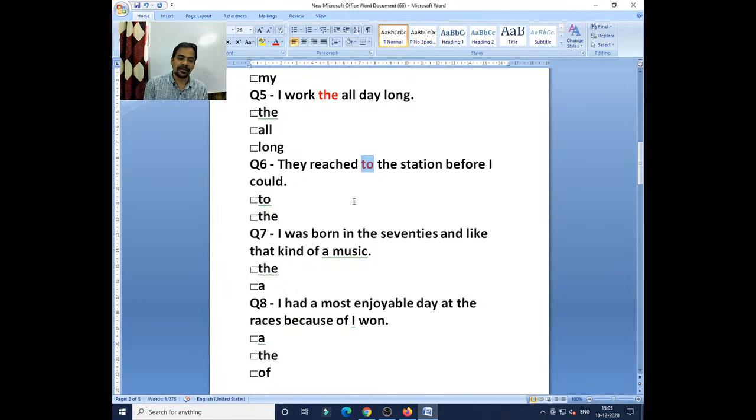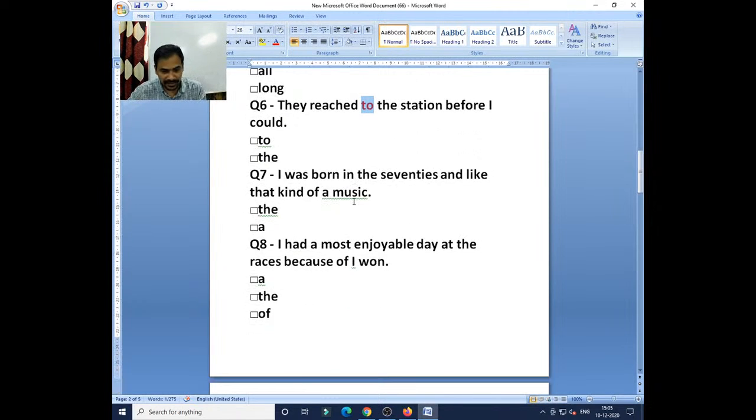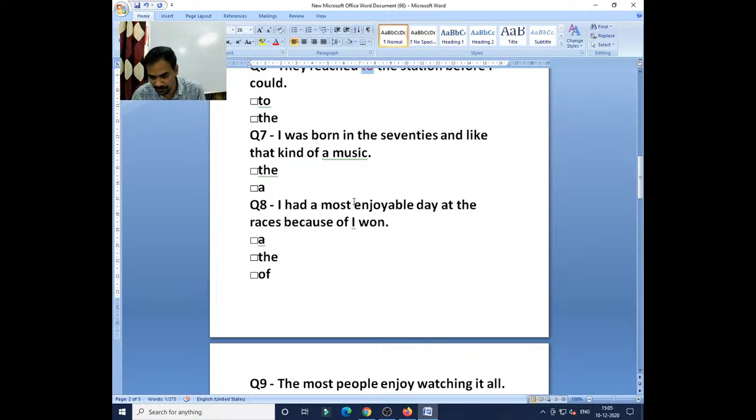Now number 7: I was born in the 70s and like that kind of a music. Question number 7, look at it. What is the mistake, or which word is not producing any sense that we have to remove? Anyone? Sandhya, Dhanasri, Kavya. Where is the mistake?